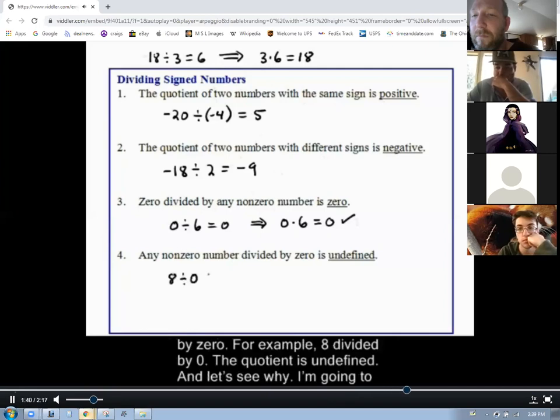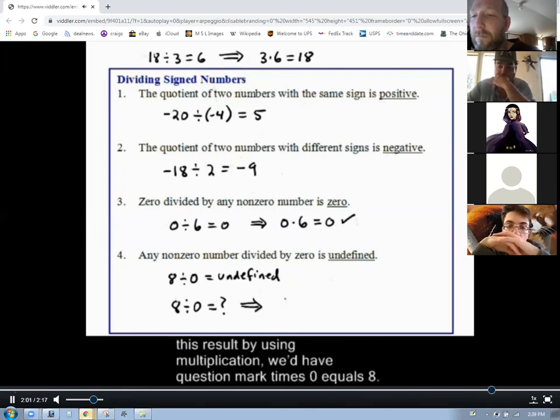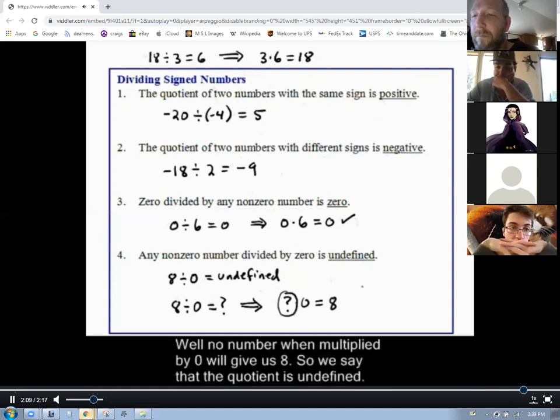The quotient is undefined, and let's see why. I'm going to recopy the problem, and I'm going to put a question mark in place of the quotient. To check this result by using multiplication, we'd have question mark times 0 equals 8. Well, no number when multiplied by 0 will give us 8. And we say that the quotient is undefined.